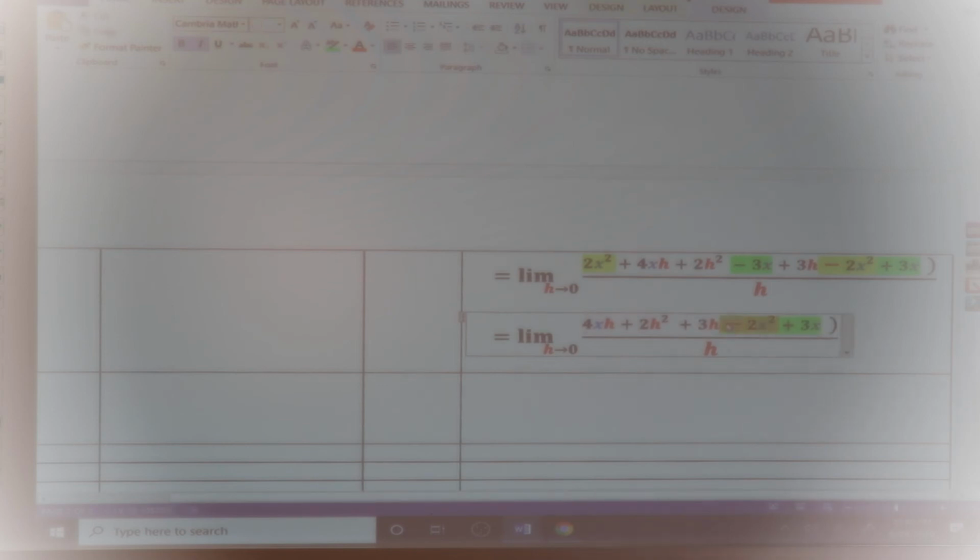See the step before? Here, this cancels with this. We have only 1, 2, 3 terms, right? I'm going to make equal here, and we don't need this. You will know why I left h in red. We have h as a greatest common factor, right, guys?